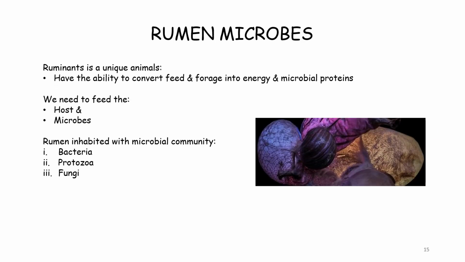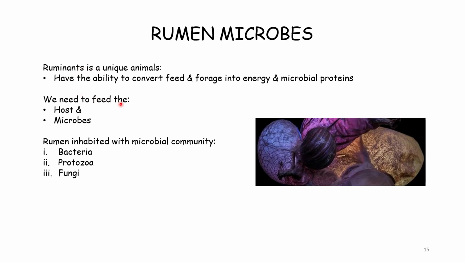So ruminants are unique animals that have the ability to convert feed and forage into energy and microbial protein. A ruminant animal is one kind of special creation, so that it can convert fibrous plant materials, or rumput, into energy and microbial protein.